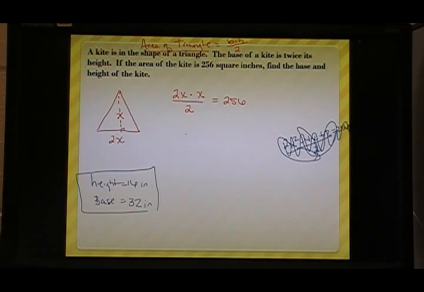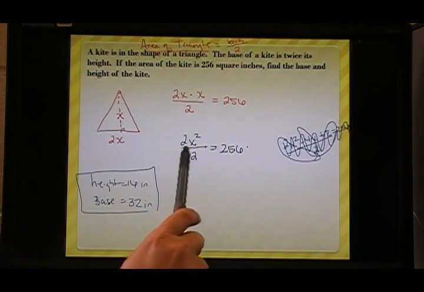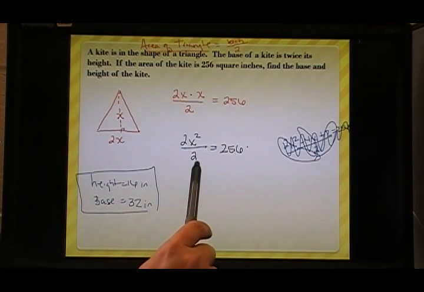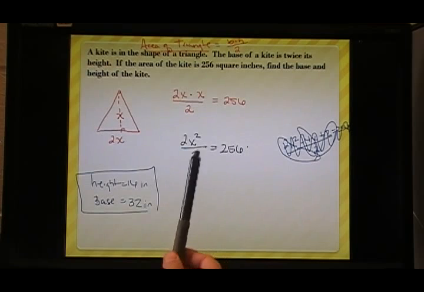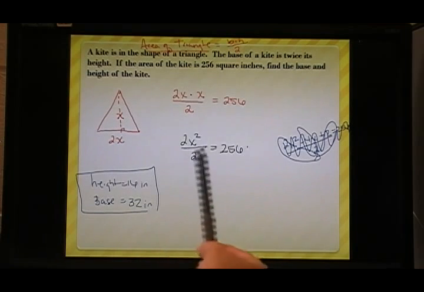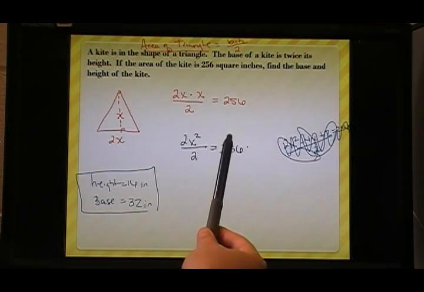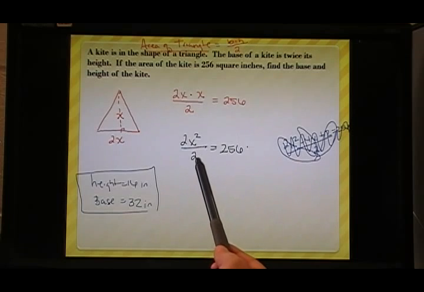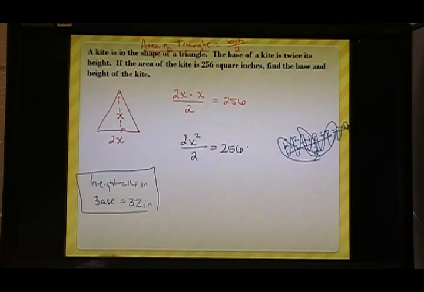If we have 2x squared divided by 2 equals 256, another option is to start by getting rid of this divide by 2. And that's usually what I would do if I had in my numerator several terms that were not all divisible by 2. I would take this method for solving.